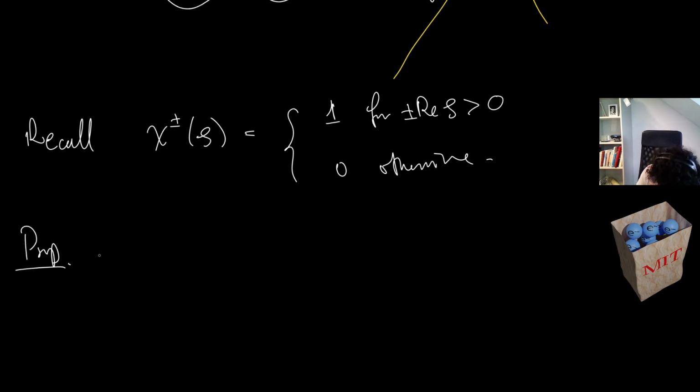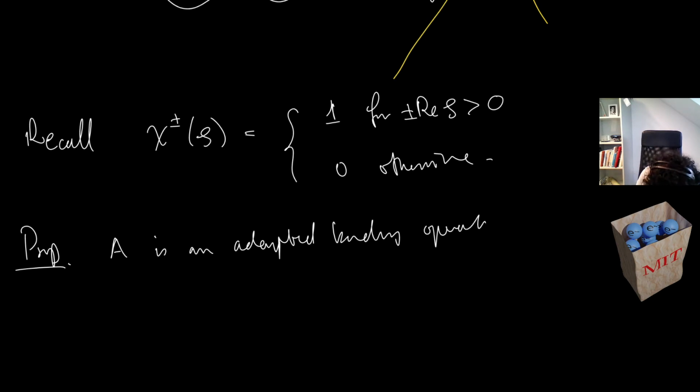We have that chi plus minus of A, where A is an adapted boundary operator, omega bisectorial, invertible.